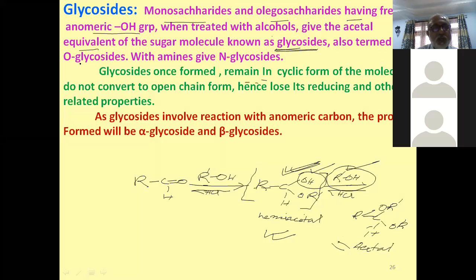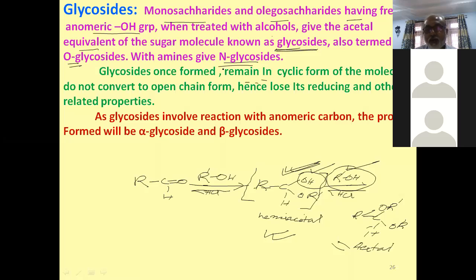They are also termed O-glycosides, meaning the bonding is with alcohol and the O-C bond is there. But if you treat with amines, it will give N-glycosides. Both these forms of glycosides are important in biological systems.